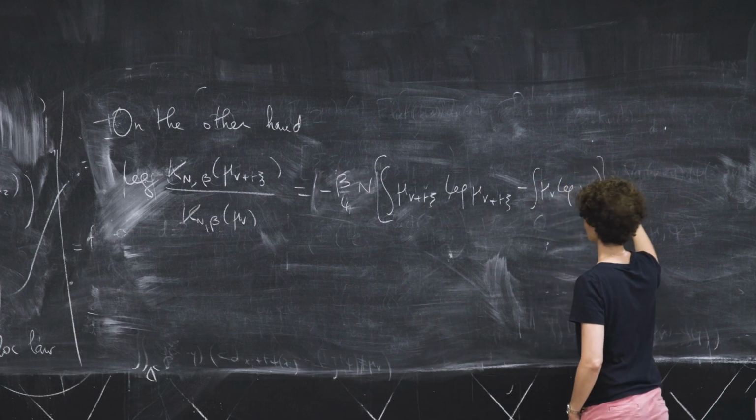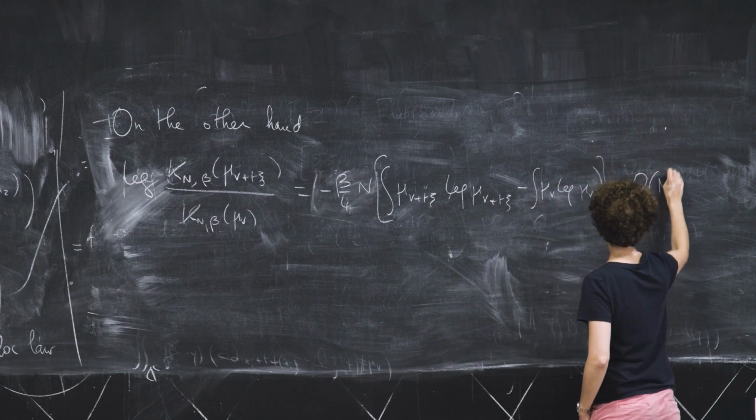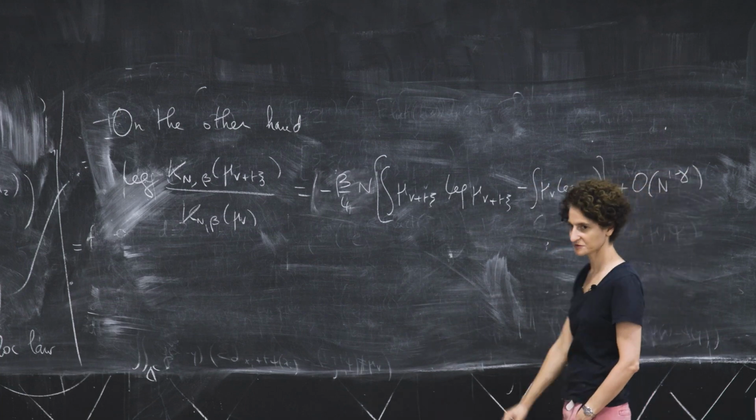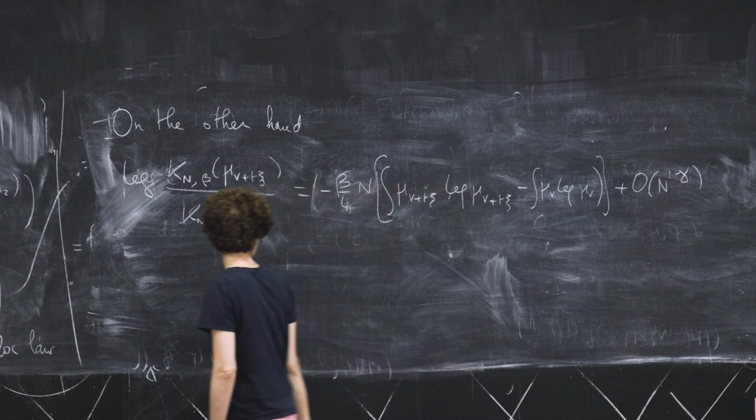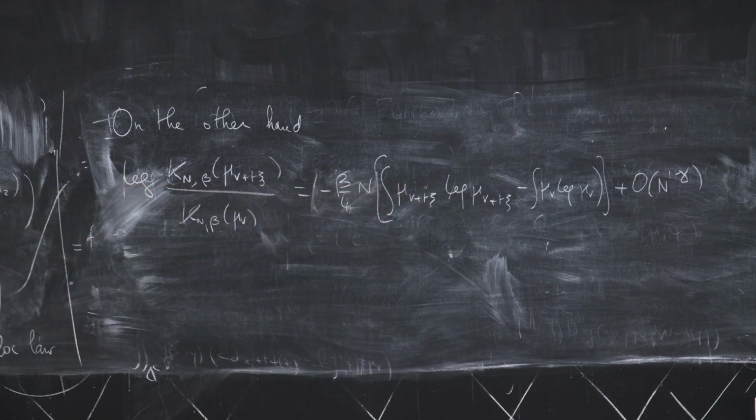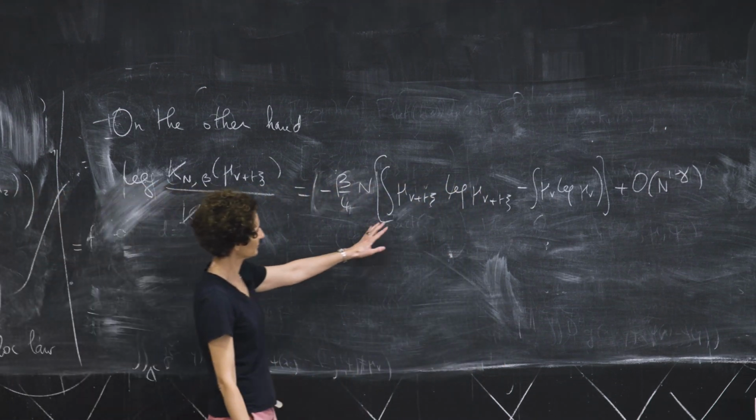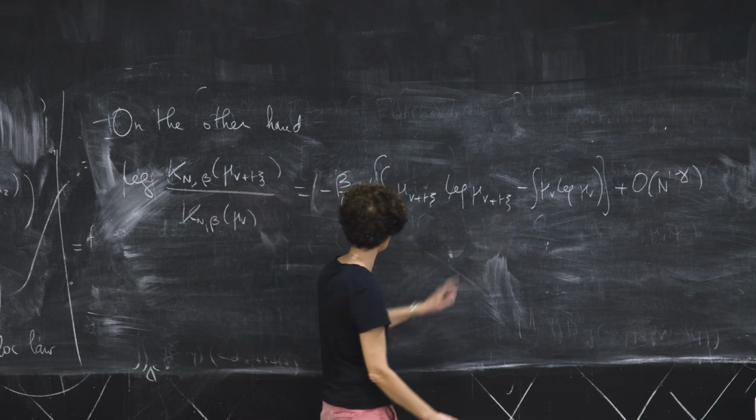Okay, plus this O of n to the 1 minus gamma, which is not a very good error, but that's what we have. So now this term is explicit and we can evaluate it.